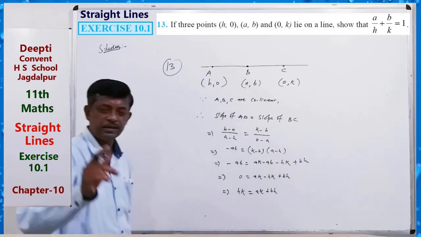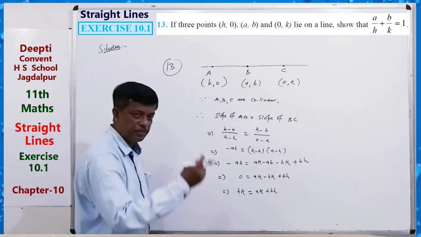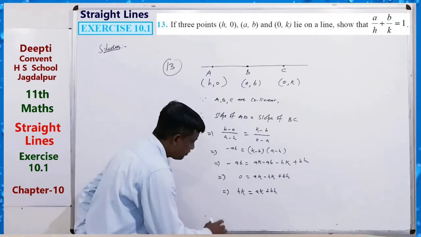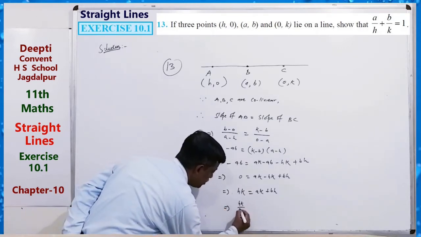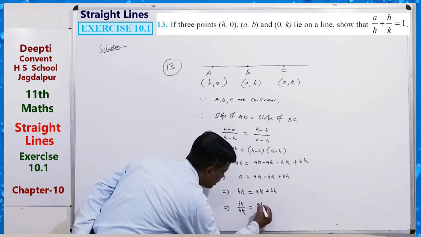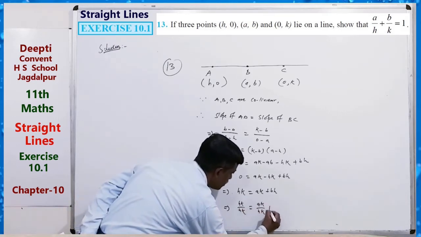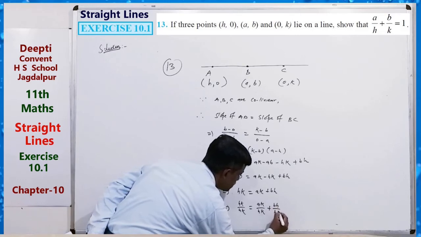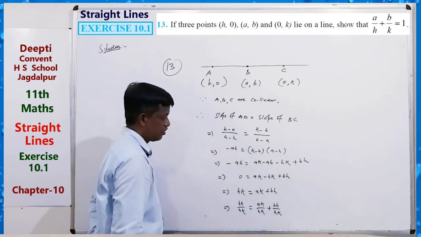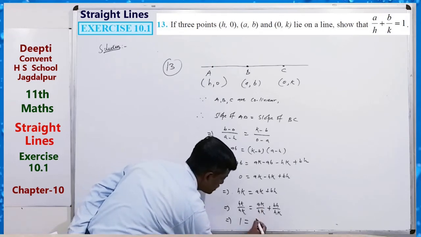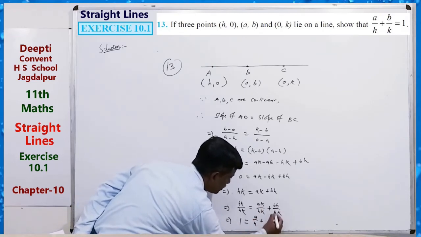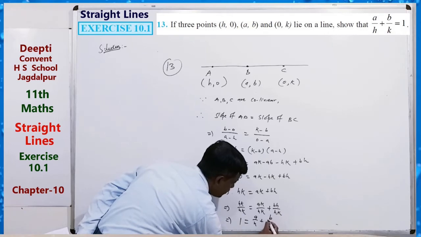We have to find the relation like a by h, b by k. So here divide by hk on both sides: hk upon hk, ak upon hk plus bh upon hk. So 1 equals, k cancels, a by h, h cancels, b by k.